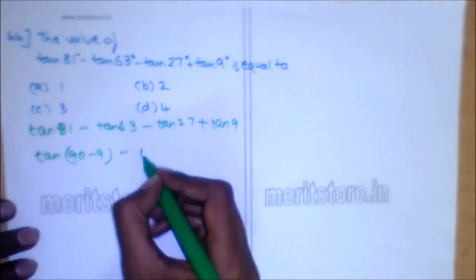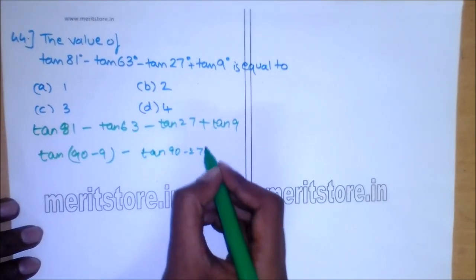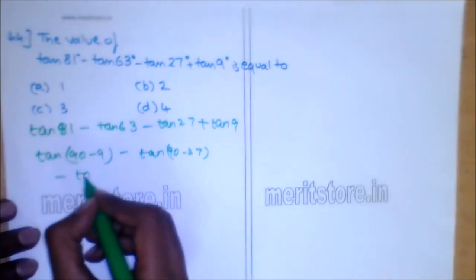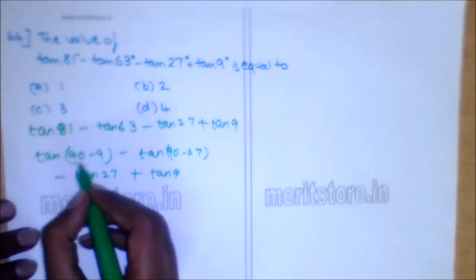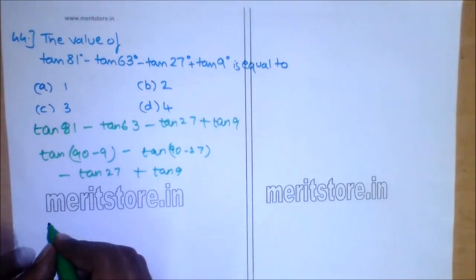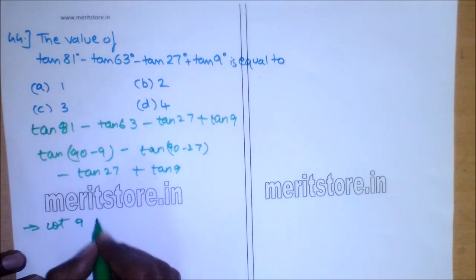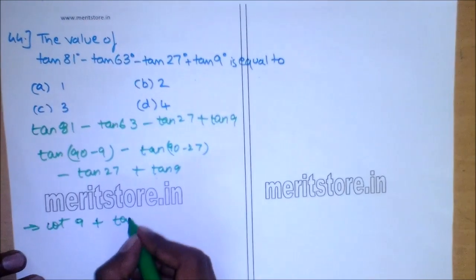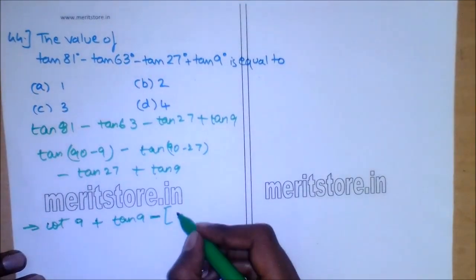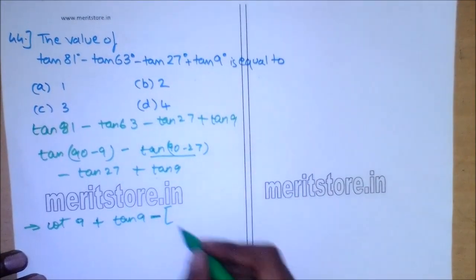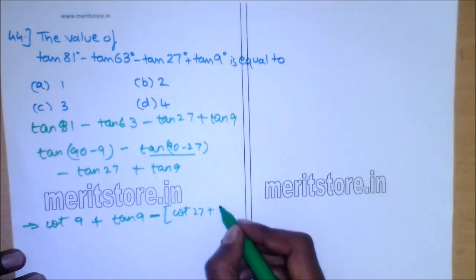Tan 63 can be written as tan of 90 minus 27. Now tan of 90 minus theta is cot theta. So this is cot of 9 plus tan of 9 minus, taking minus 1 common, cot of 27 plus tan of 27.